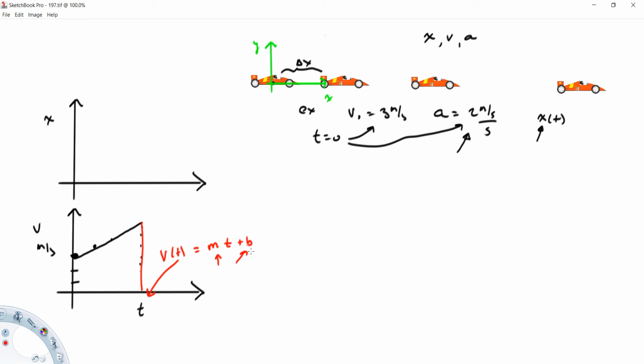The slope of a velocity graph is your acceleration, and b is the intercept. So our velocity function, the equation that describes it, is 2t plus b. This method, calling this a linear function, using the acceleration for the slope and reading the intercept off the graph, will work for any problem where the acceleration is constant.